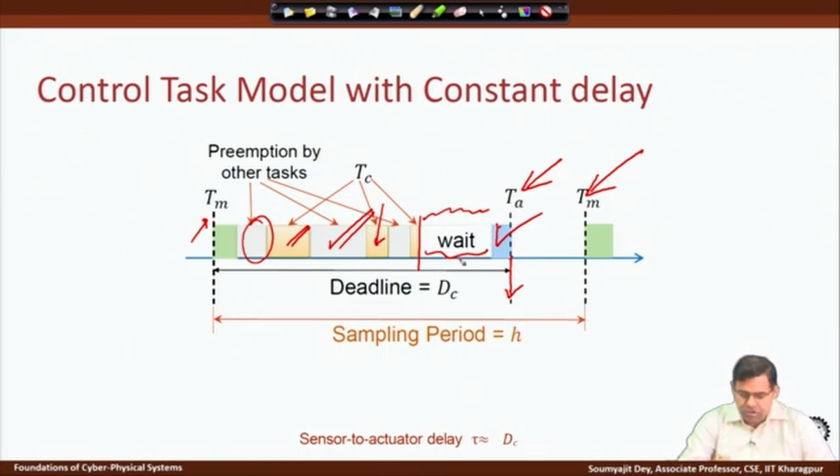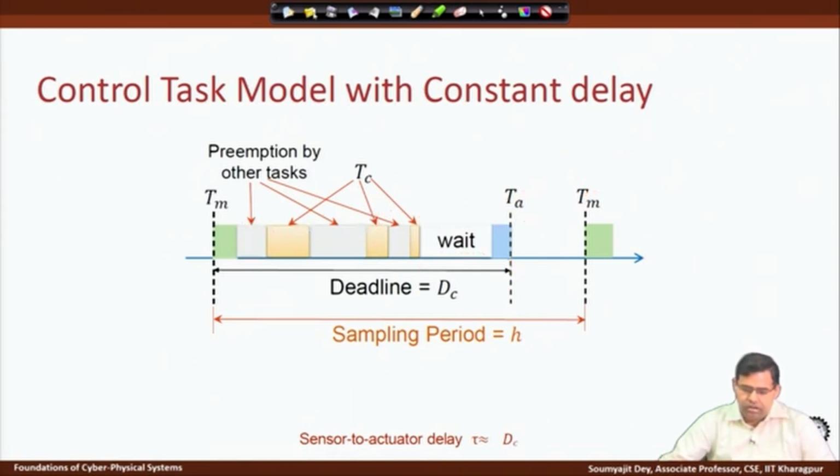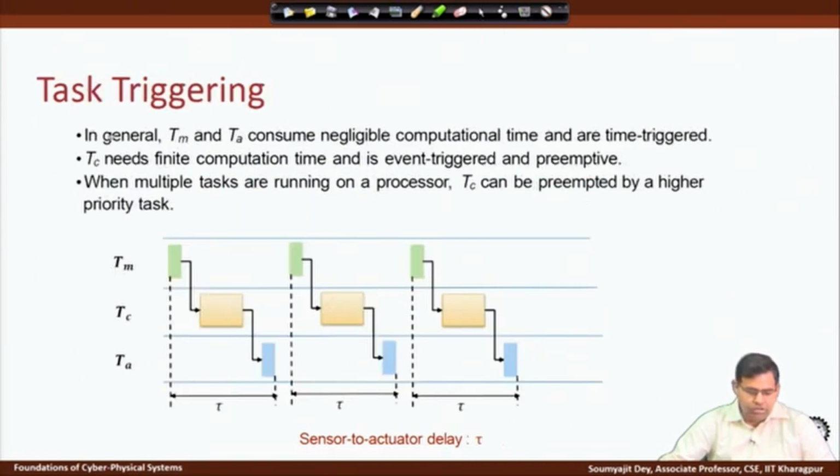Sorry, this wait is also not due to preemption, but let me repeat. Typically the way we design it, the sensing or measurement tasks and the actuation tasks are time triggered, because they are computationally lightweight and there is no need to make them a function of some scheduling decision.